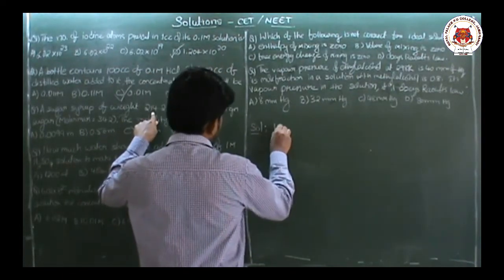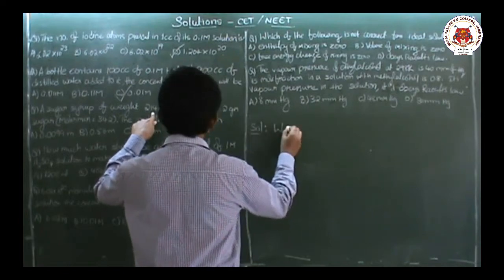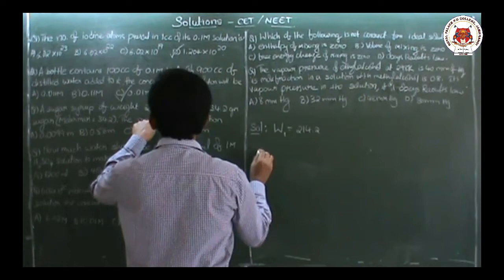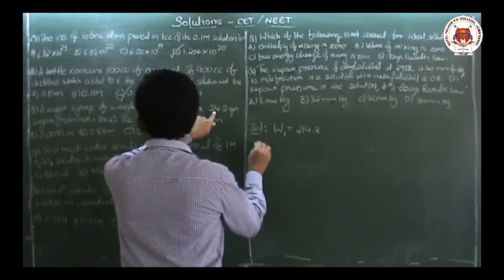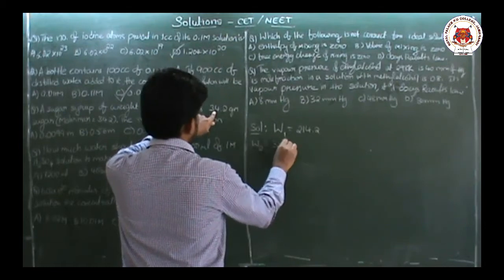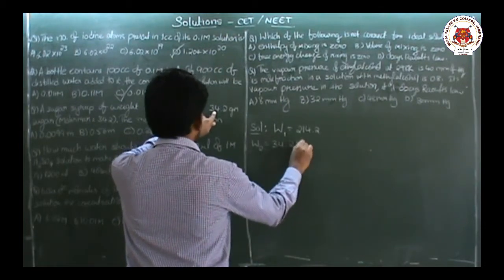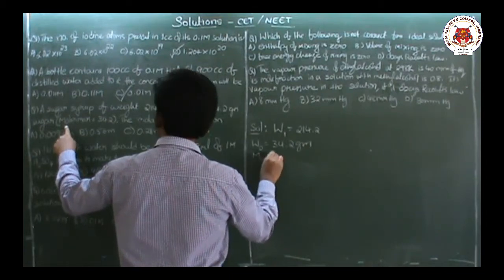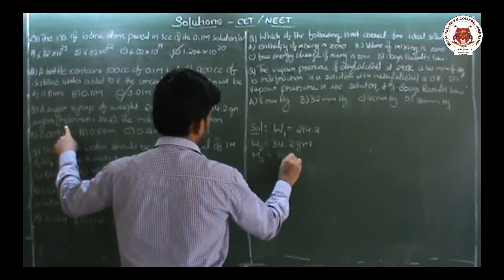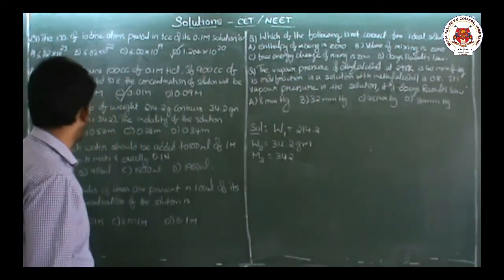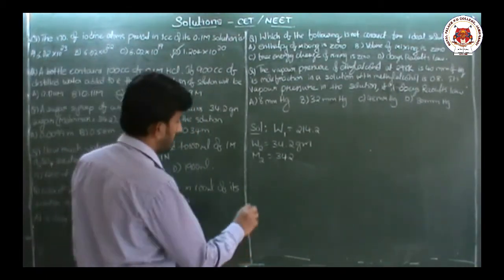That is, weight of the solution is 241.2 grams. Contains how much sugar? Weight of solute is 34.2 grams and molecular weight of sugar is 342 grams per mole. This is the information given to us, and they want to calculate molarity.